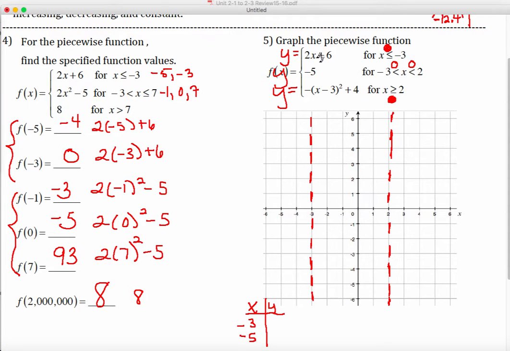So when I plug in a -3, I get 2 times -3 plus 6, and then 2 times -3 is -6, plus 6 is 0.